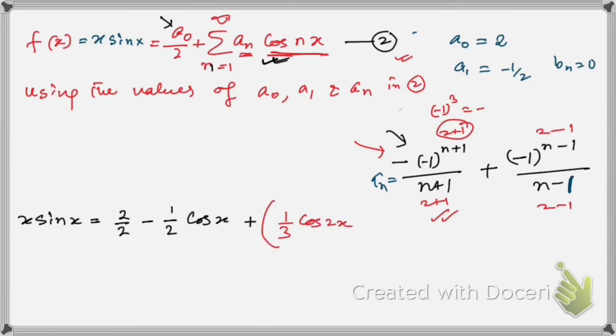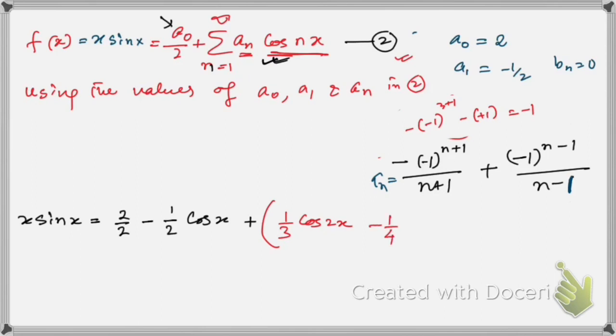Then after putting 2, if you put n is equal to 3, what will you get? For n is equal to 3, minus 1 to the power 3 plus 1 is 4, and minus 1 to the power 4 is plus 1, then minus into plus 1 is going to be minus 1, right? Minus 1 by 4, putting 3 you will get 4, so minus 1 by 4, and now we are putting n equal to 3, so we're going to have cos 3x, right?